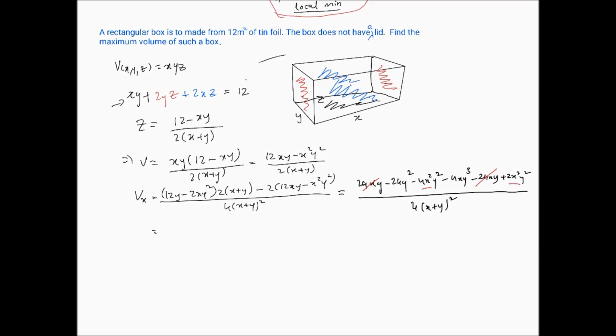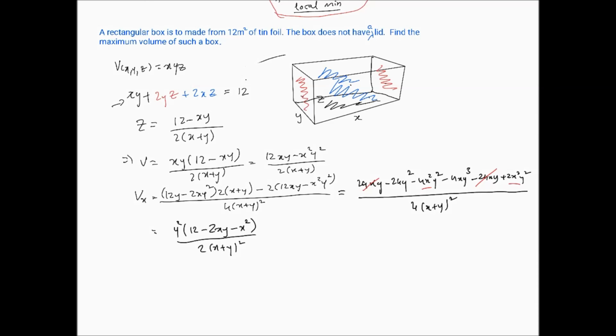As you take the common outside, after simplifying, we should get y squared into 12 minus 2xy minus x squared all over 2 into x plus y squared.